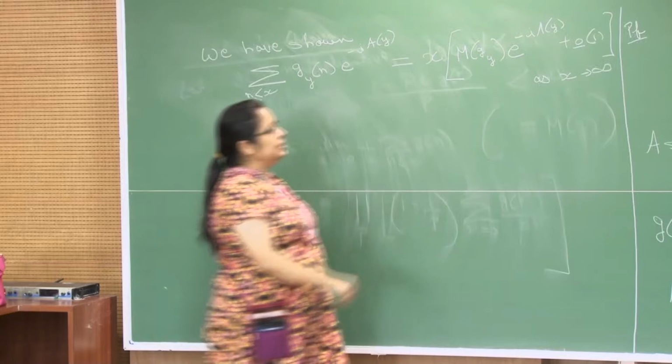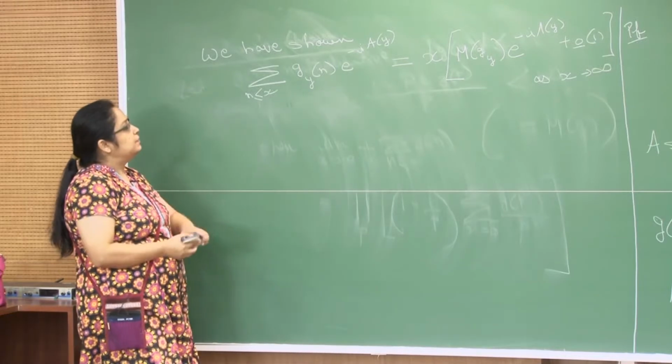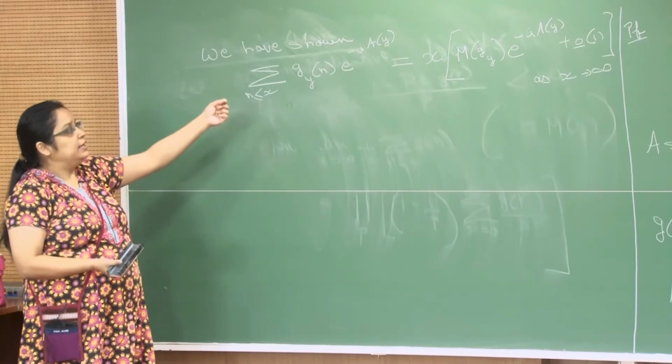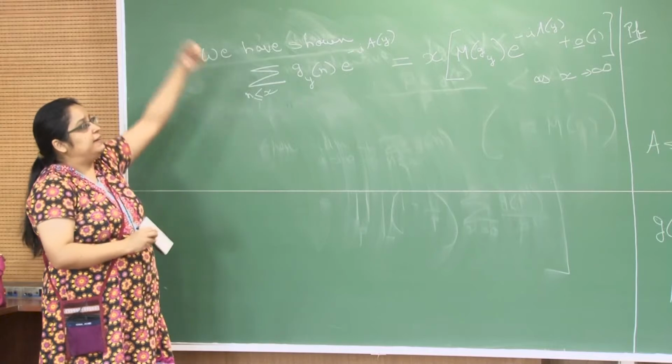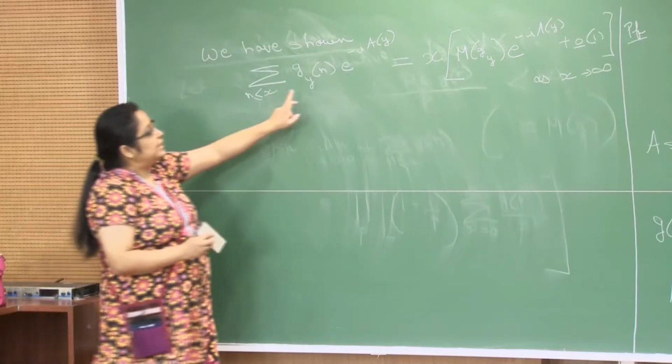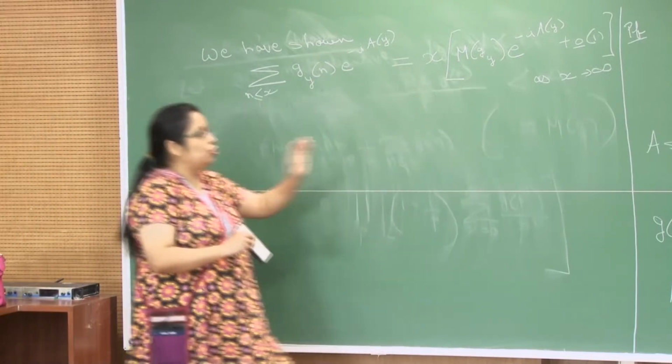What does this mean? What this means is that given some y, you can find a very, very large value of x, so that the difference between this and this is not too big.